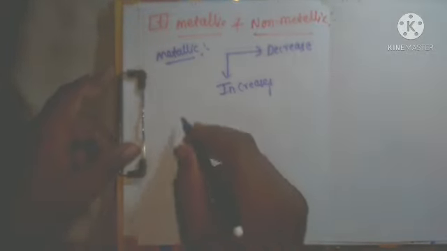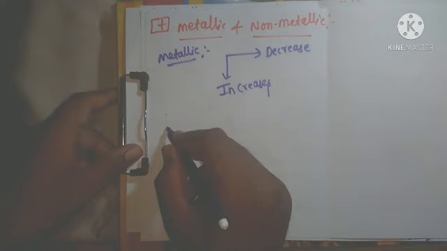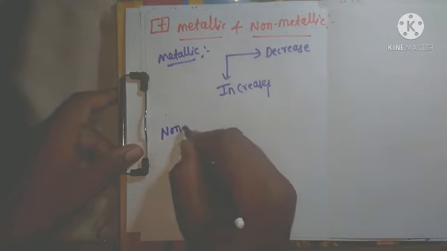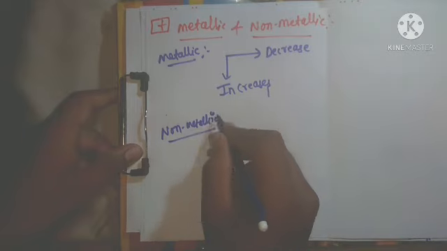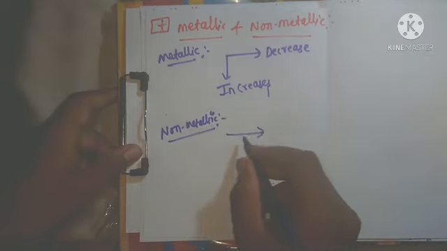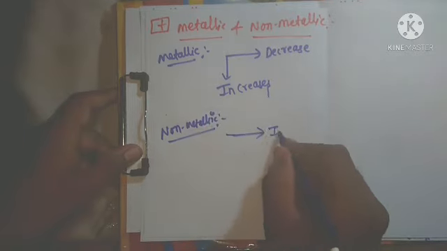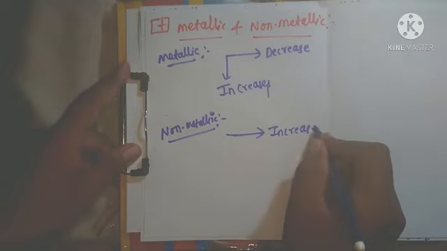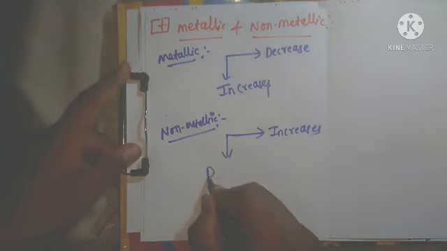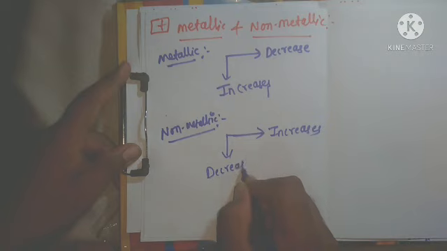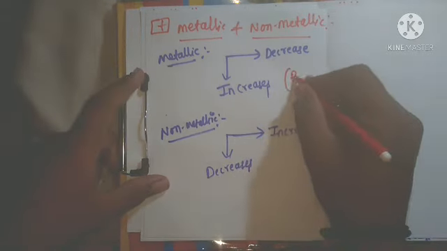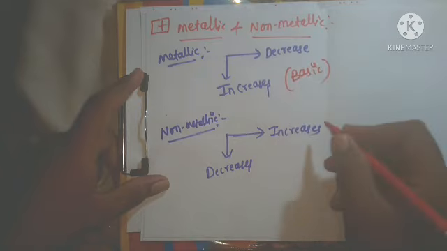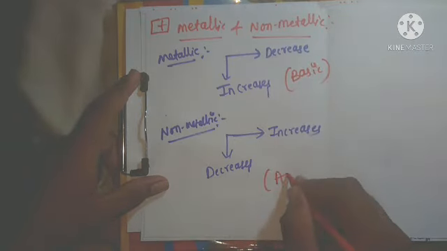Now for non-metallic character, it is opposite. Along a period non-metallic character increases, as non-metals come, therefore it increases. Along a group non-metallic character decreases. Now, metals are basic in nature, non-metals are acidic in nature.